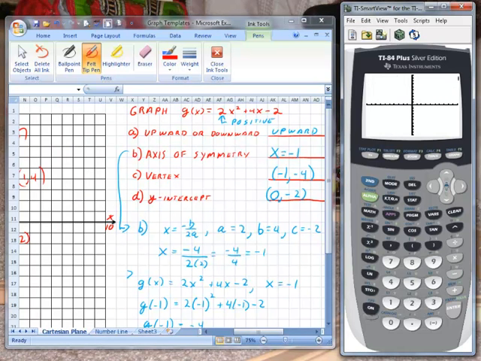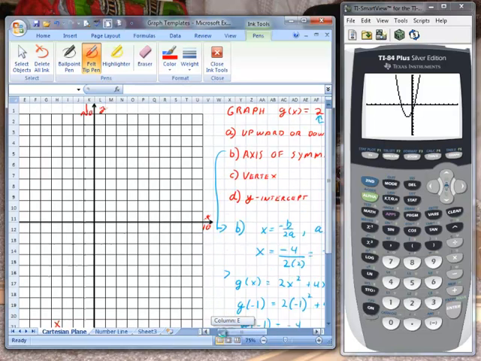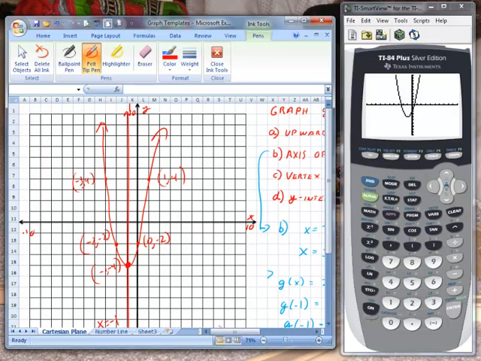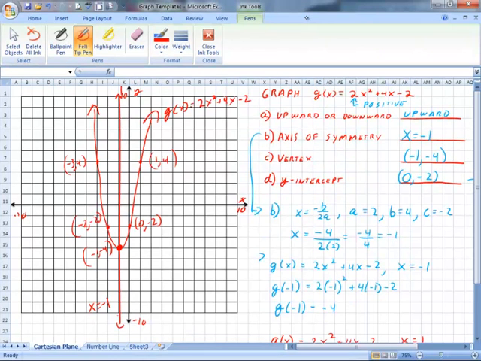Let's graph and see how that compares to what I have on my paper. Admittedly, the one in the graphing calculator looks 10 times better, but it looks like mine is correct. So let's label the graph: g of x is equal to 2x squared plus 4x minus 2. So now we've taken everything you need to know about the min-max, y-intercept, the vertex, and the axis of symmetry, and used that to help us graph.